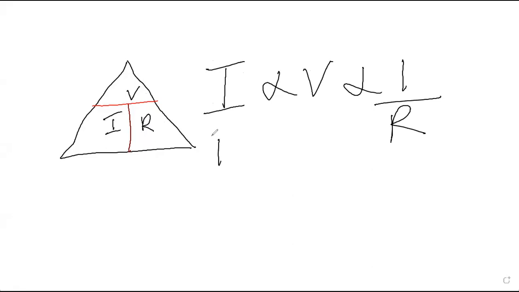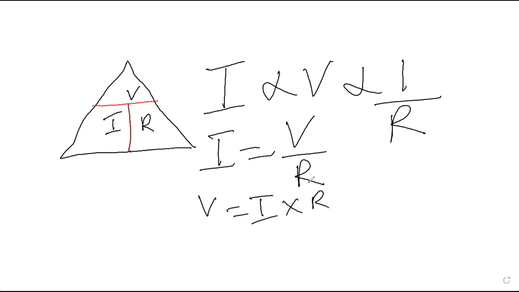So if we put an equality sign, mathematically it becomes current I equals voltage, because V times 1 is V, divided by R. If we want to make voltage the subject of the formula, V equals current times resistance. And if we want to make resistance the subject of the formula, resistance is voltage divided by current. So this is how these 3 parameters can be found and how they are connected to Ohm's law.